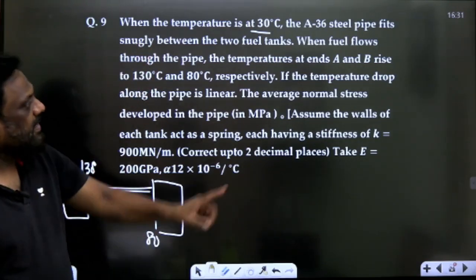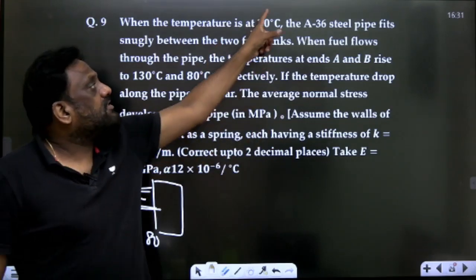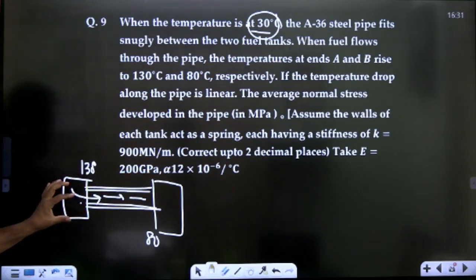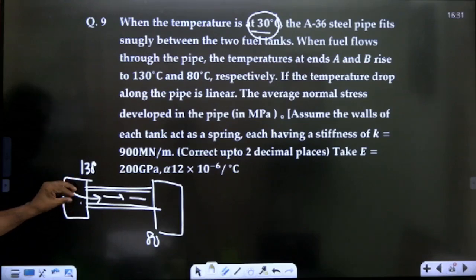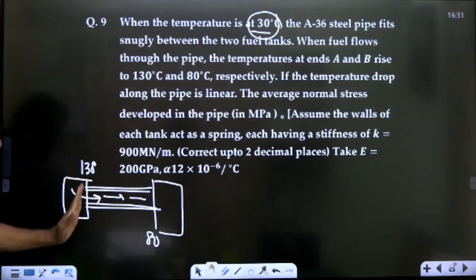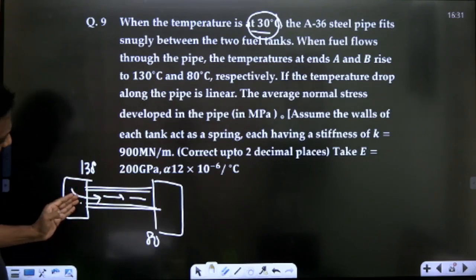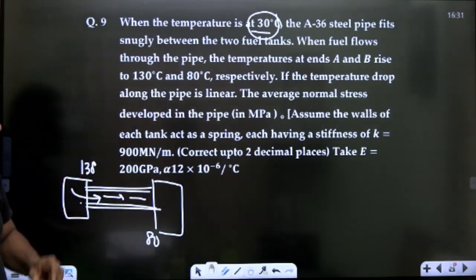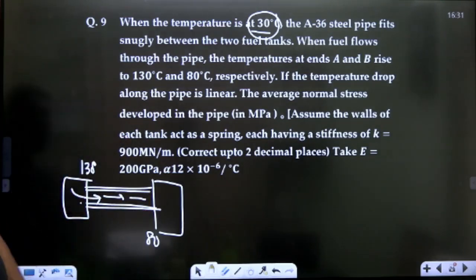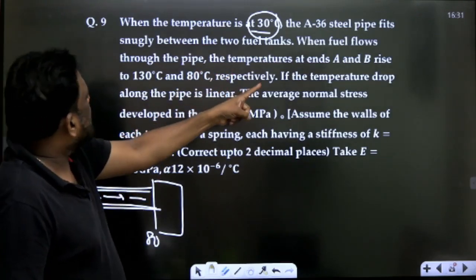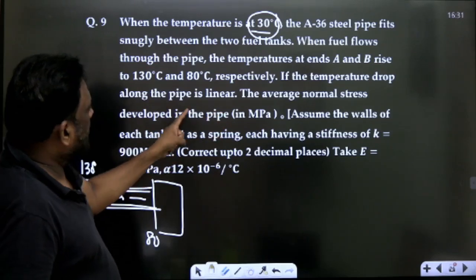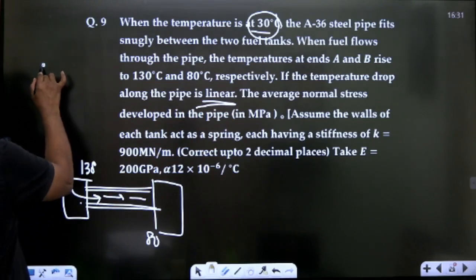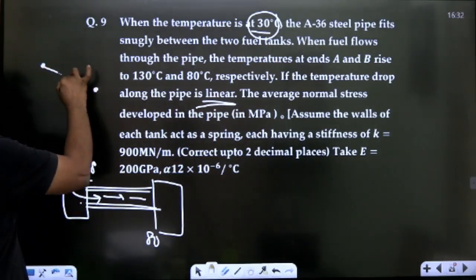Initially, ध्यान से सुनो सर, everywhere the temperature was 30, but when the fuel is flowing, this side, because the fuel may be at high temperature, it is at 130, and when it flows, heat transfer होते जाएगा, तो यहाँ पे थोड़ा कम है, 80 degrees. If the temperature drop is linear, how is the temperature changing? देखो, here it is 130, here it is 80, and it is varying linearly.